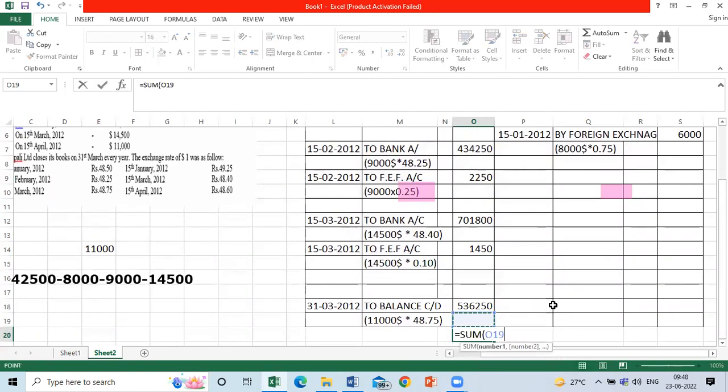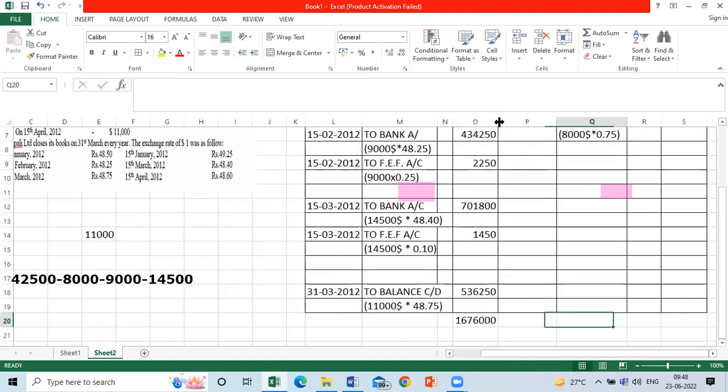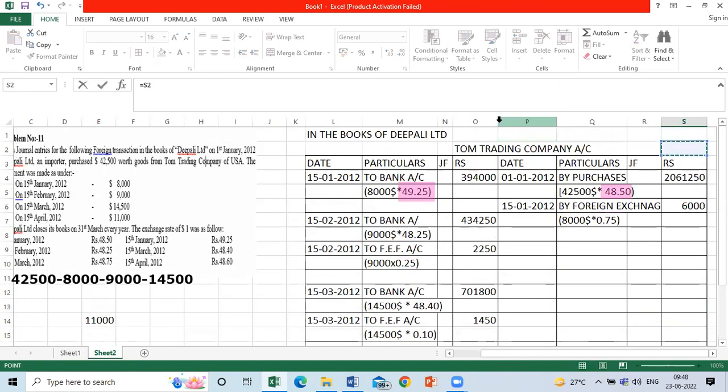On the credit side, we have this much. On the debit side, we have this much. On the credit side, we have only one entry, 2.